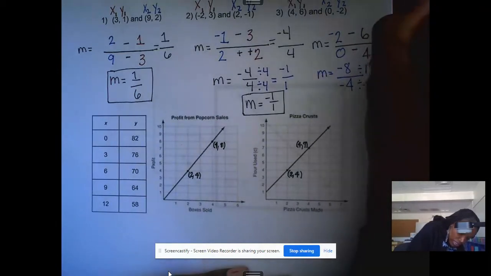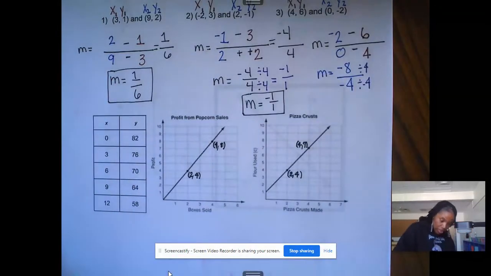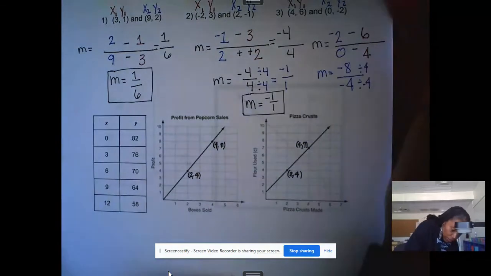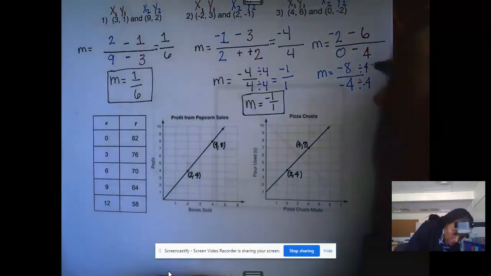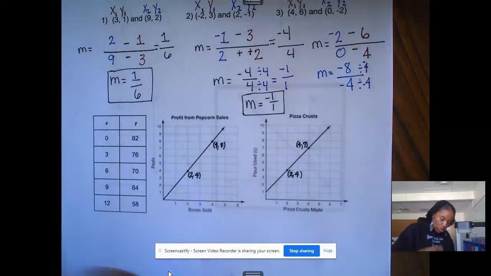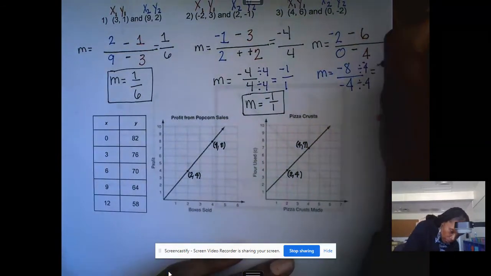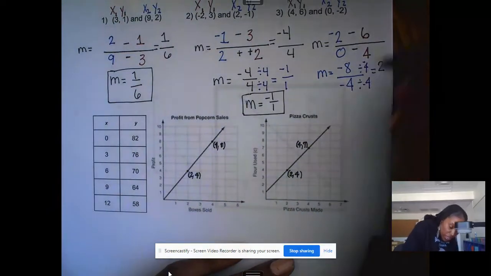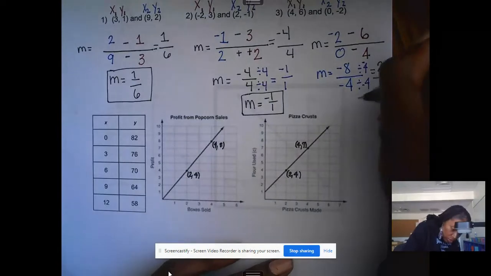Divide the numerator by negative 4. So negative 8 divided by negative 4 will give me a positive 2. And then negative 4 divided by negative 4 will give me a positive 1. So my slope for this one, my m, equals 2 divided by 1.